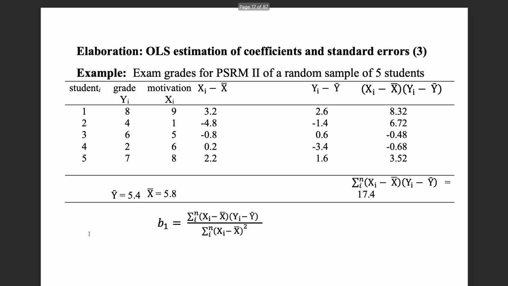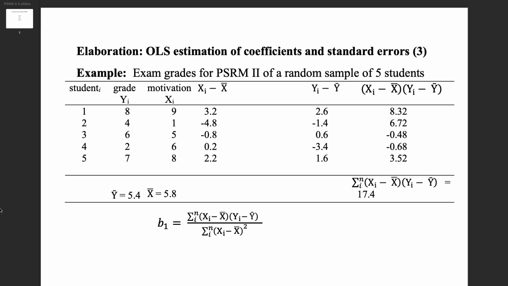So we just calculate the sum of that. So 8.32 plus 6.72 plus minus 0.48 plus minus 0.68 plus 3.52, and that works out to a value of 17.4. Great, so now we already know what the value is on top of this fraction over here. It's 17.4.